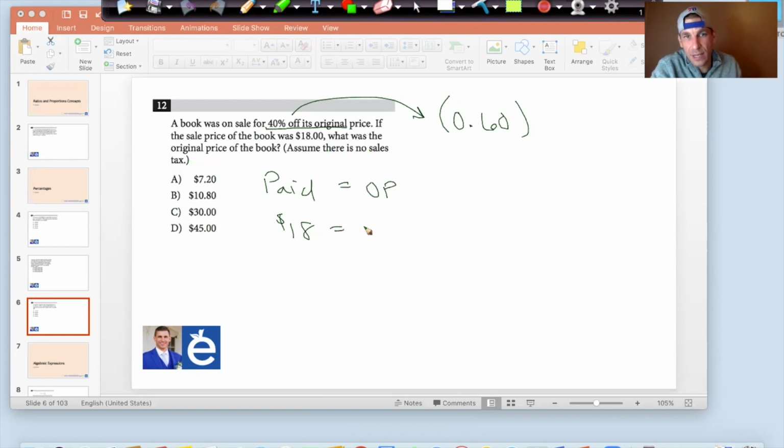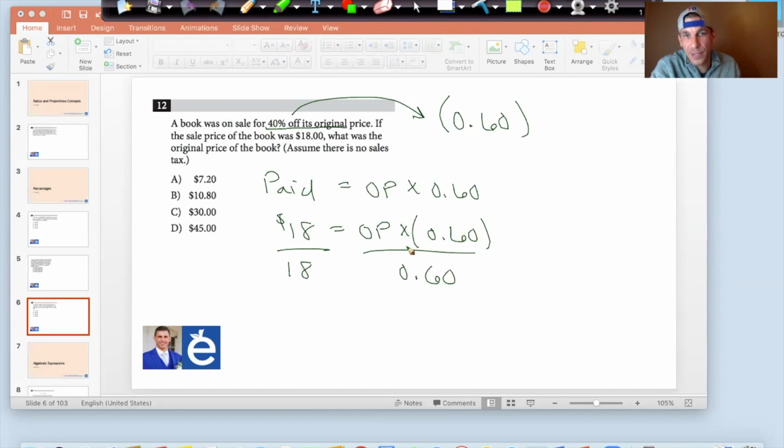So here's $18 equals my original price times 0.6, because that is what my percentage is remaining after my discount. This is assuming I have 40% off. That's where that's coming from. So I'm just going to divide both sides by 0.6.